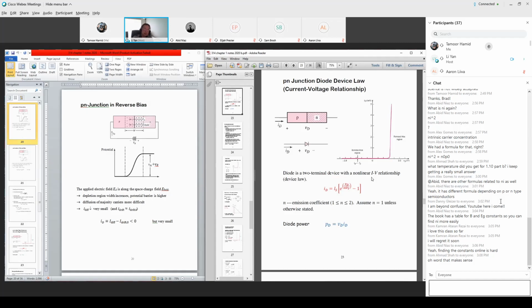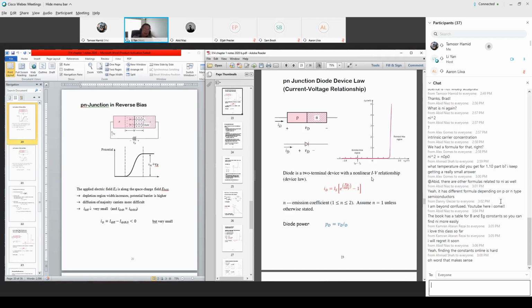I commented before, a resistor is an electrical component we learned in 306. What's the device law for the resistor? It is Ohm's law. So yes, you kind of remember Ohm's law says with a large voltage you have a large current, with a small voltage you have a small current, right? That's what you refer to, right?